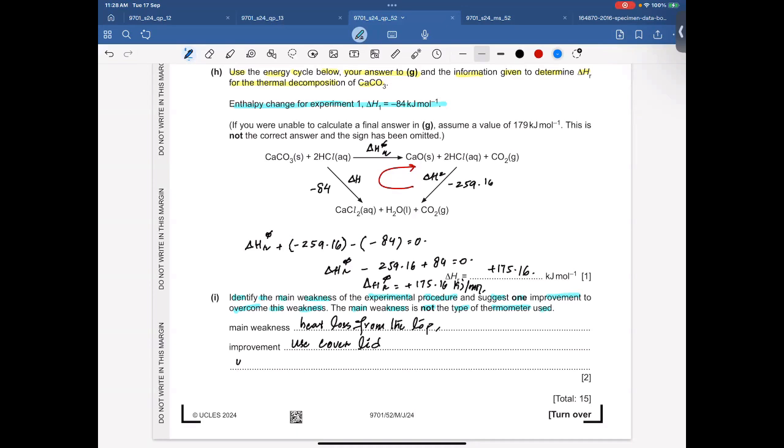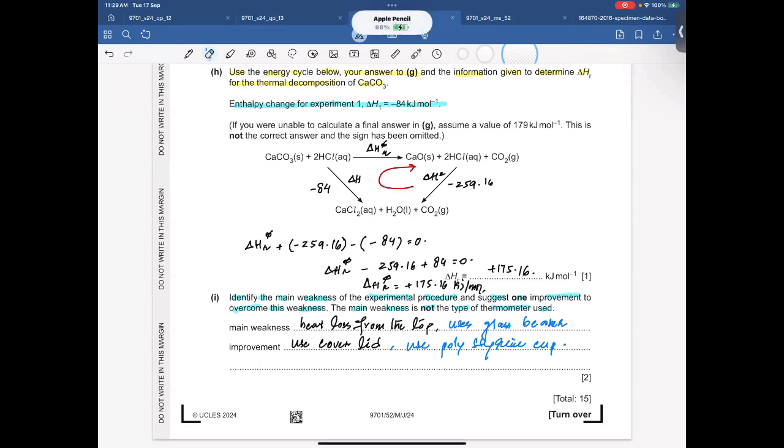Second reason: uses a glass beaker. So the improvement should be to use a polystyrene cup. Okay. So that's the end of question number 1.